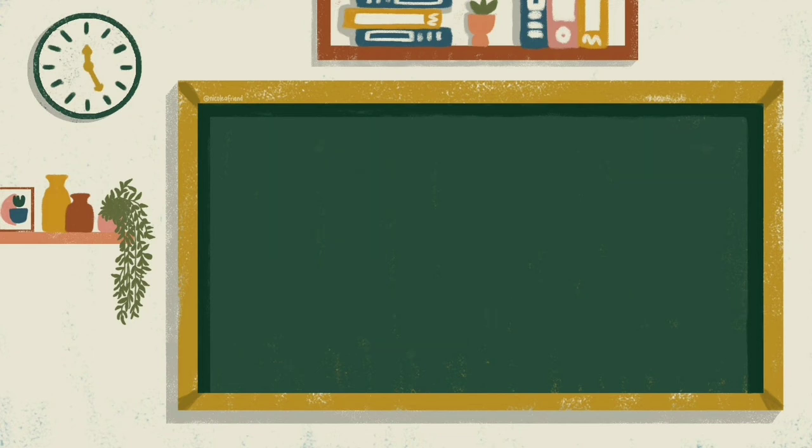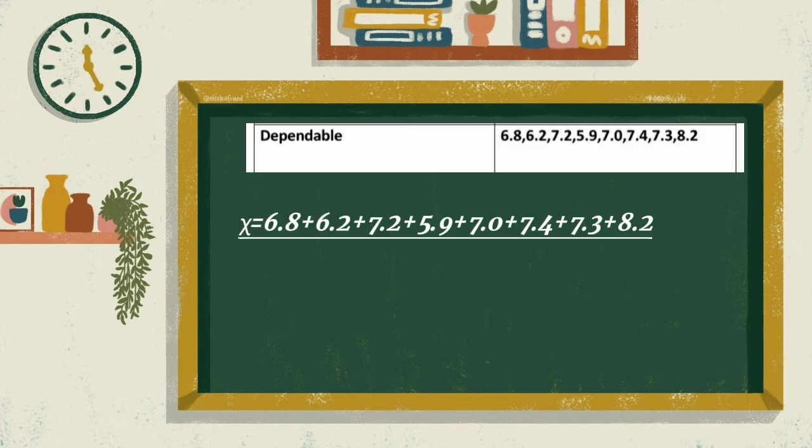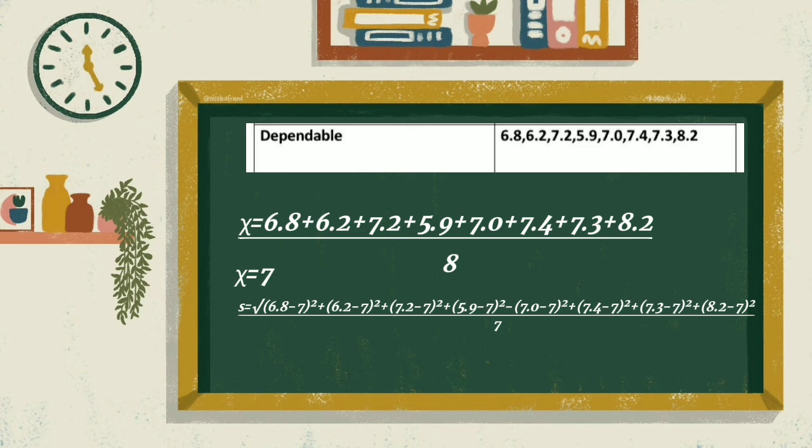So, next, sa pangalawang company naman, yung Dependable. So, same process. Add muna natin para makuha natin yung mean value natin, divided by 8. So, the mean value is 7. So, same dun sa unang company. And after that, substitute natin para makuha natin yung standard deviation nito. So, 6.8 minus 7 squared plus 6.2 minus 7 squared hanggang sa dulo, 8.2 minus 7 squared, divided by 7.